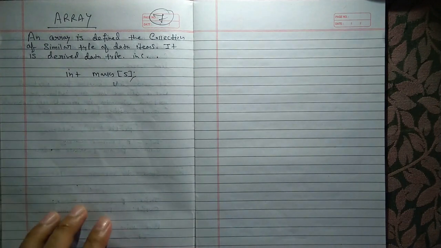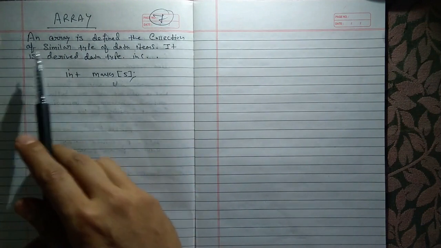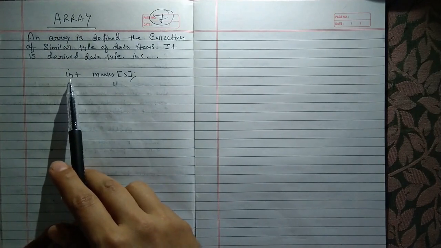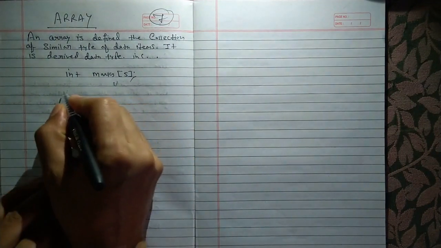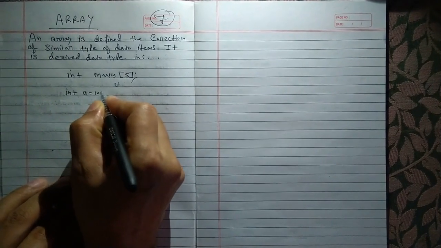So what is the definition of an array? An array is defined as a collection of similar type of data items. It is a derived data type in C, and the declaration of an array is int marks[5]. You know that before, you were writing int a = 10.